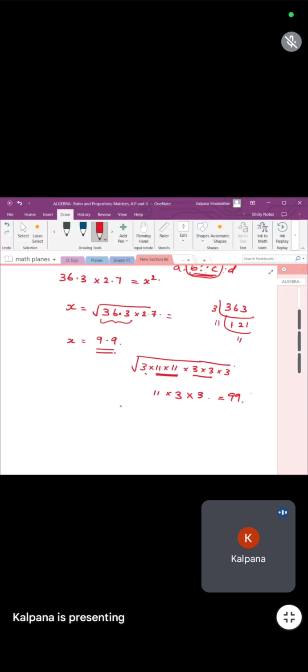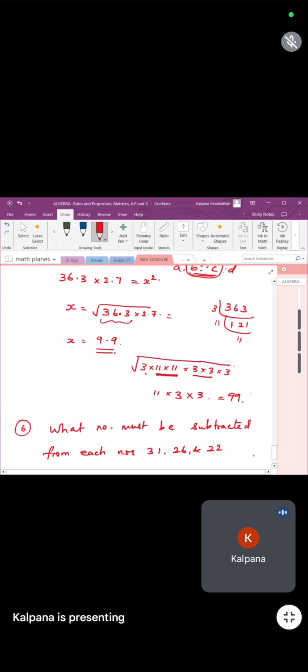Okay, now we have my next question. What number must be subtracted from each of the numbers 31, 26 and 22, so that the remainder may be in continued proportion.